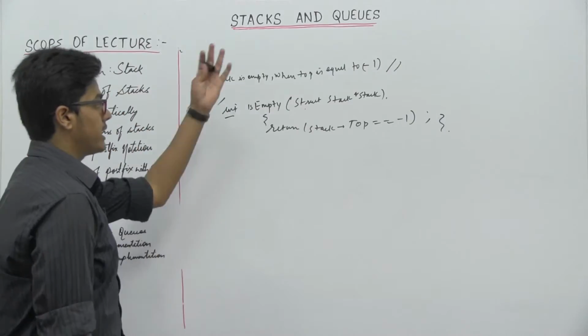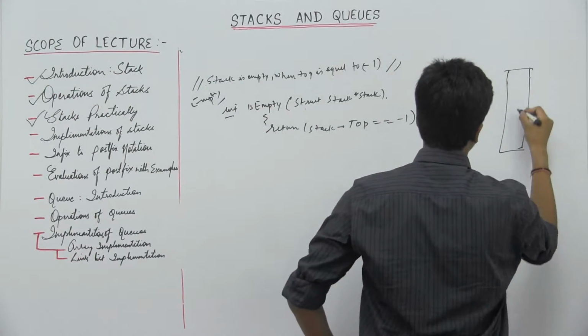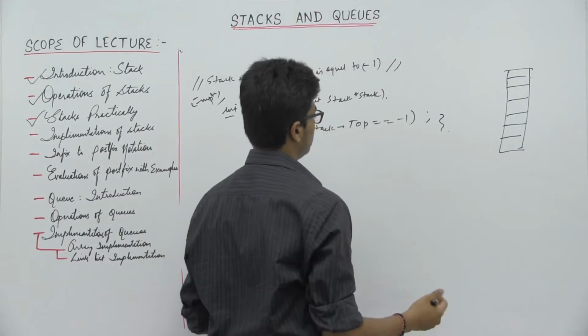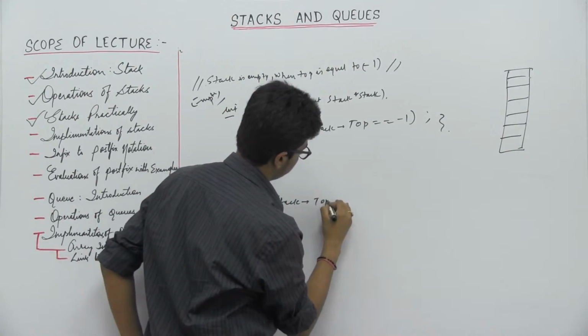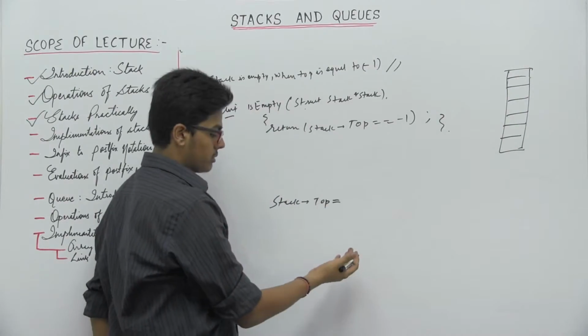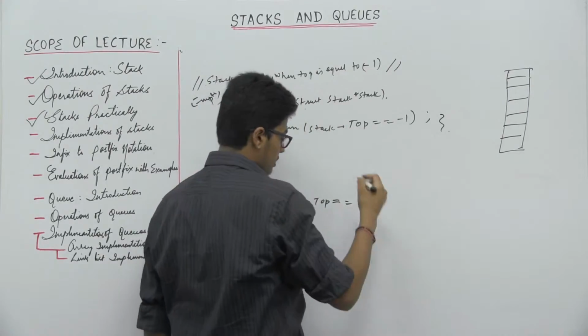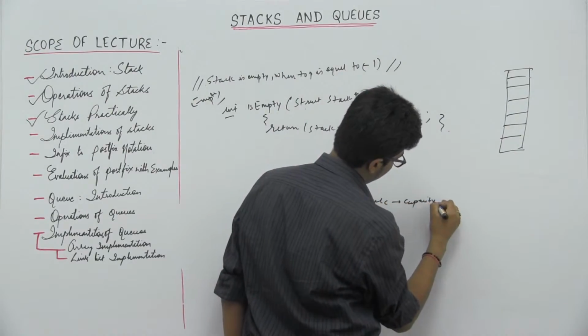If the stack is full, then stack of top is equal to stack of capacity minus 1.